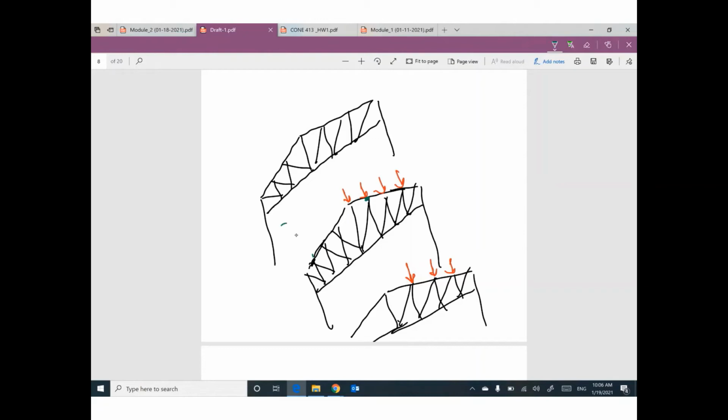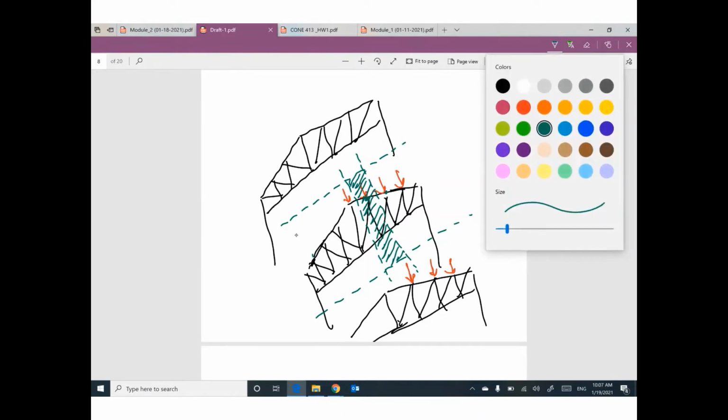If you divide the distance between this truss and this truss, and this truss and this truss, and the distance between this joint and this joint, I believe this is the area assigned to this joint. Can you tell me what is the dimension of this area?